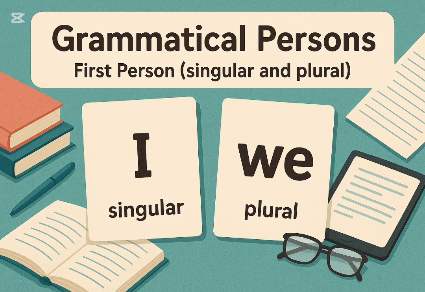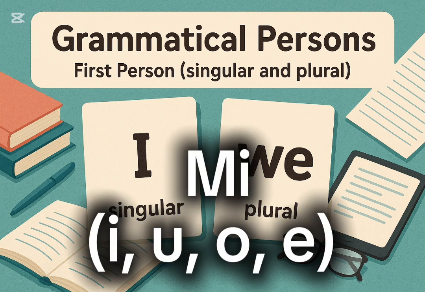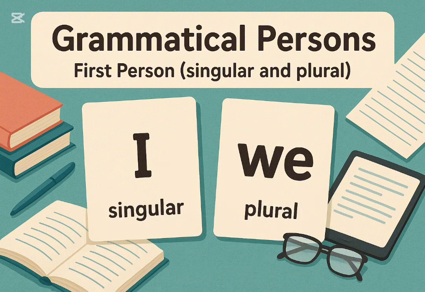Now let's consider the first pronoun mi. Use mi when the verb begins with a consonant followed by I, U, O, or E. This is what I mean. A verb is an action or doing word. Most verbs start with a consonant sound followed by a vowel sound, or sometimes a digraph then followed by a vowel sound.